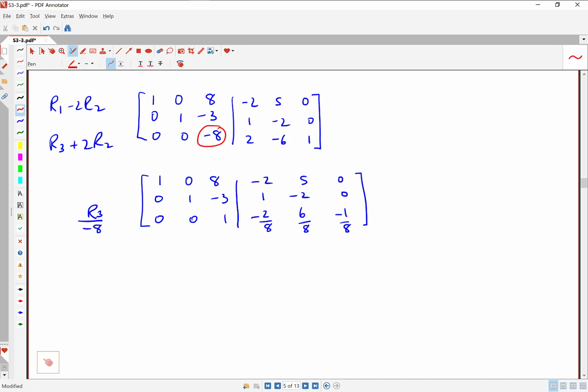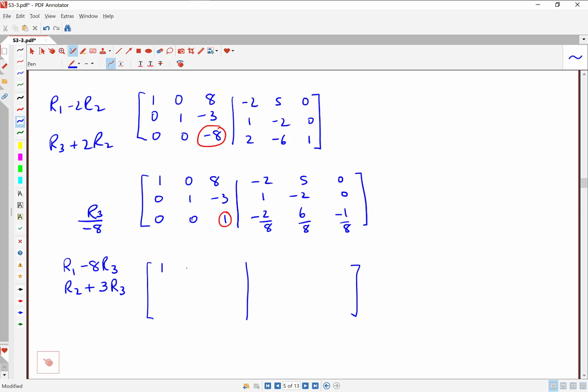So very last step here, now we're going to use that pivot just to clean up the rest of that third column. So we will do row 1 minus 8 row 3, and also row 2 plus 3 row 3. So let's work on doing row 1 minus 8 row 3.